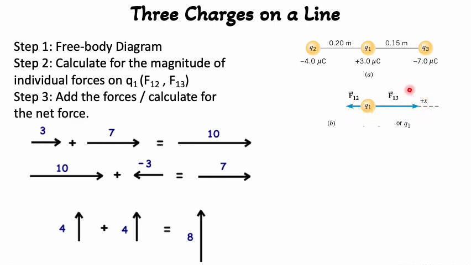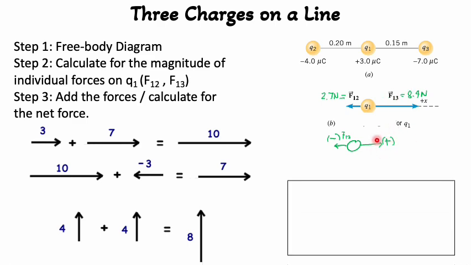So, taking a look at the free body diagram, the direction of F12 is going to the left while F13 is going to the right. So, that means F12 is negative and F13 is positive. So, just use the sign and substitute the values.